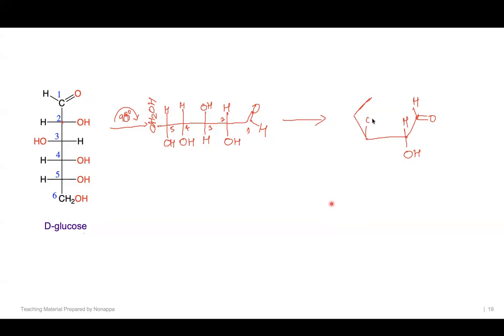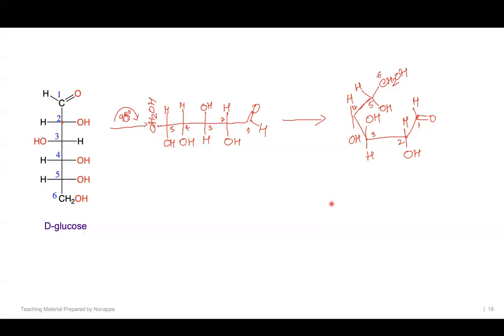Here, the hydroxyl group is at the top and hydrogen at the bottom. Here, the hydroxyl group is at the bottom and hydrogen at the top. And now we have this hydroxyl group at the bottom. We have hydrogen, and then we have CH2OH. So 1, 2, 3, 4, 5, and 6 carbons.